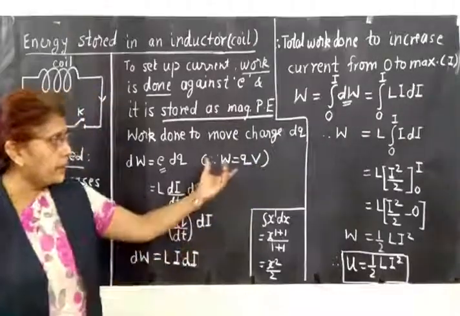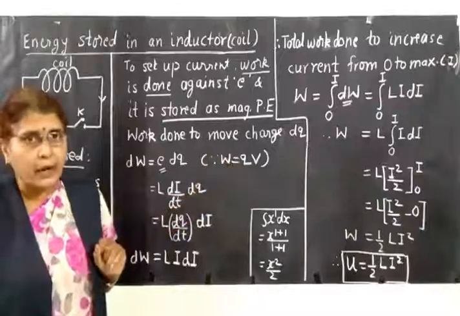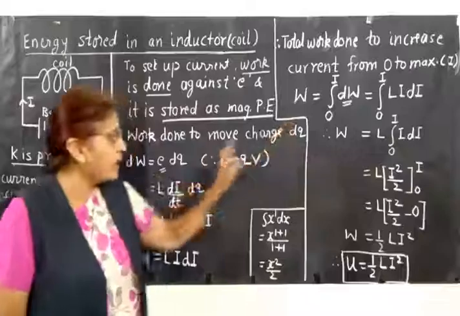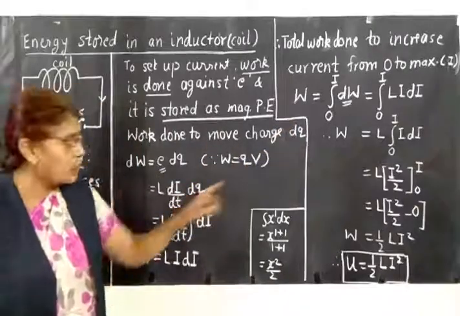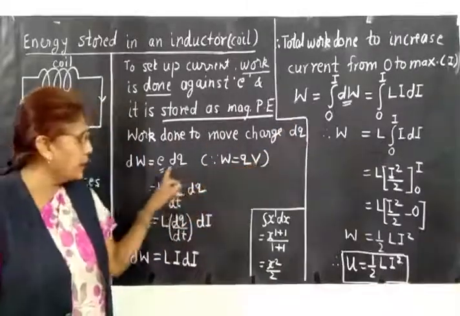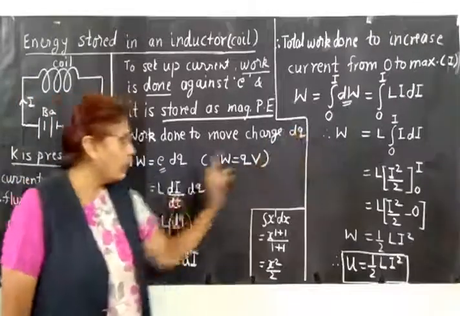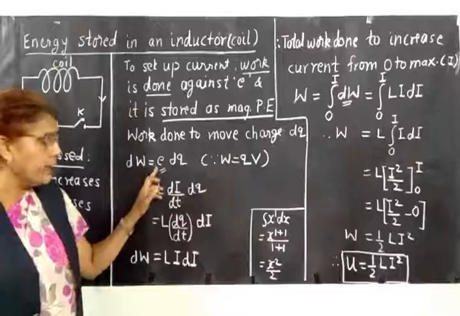Now here we shall be using this equation to find out how much work is done to move a small charge dq against the induced EMF E. So here V will be replaced by the induced EMF E, and the value of charge q is dq. So we will have dw as E into dq.